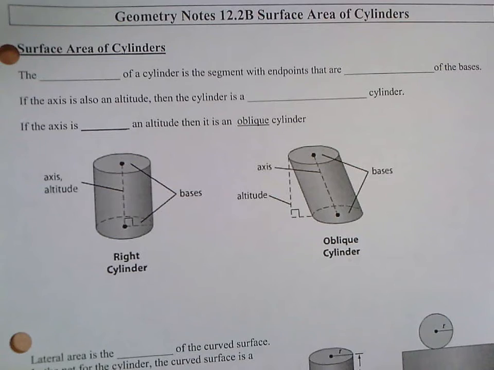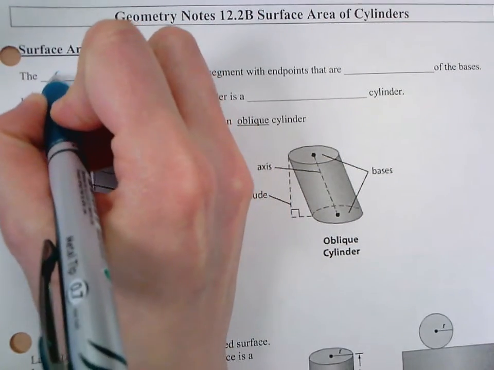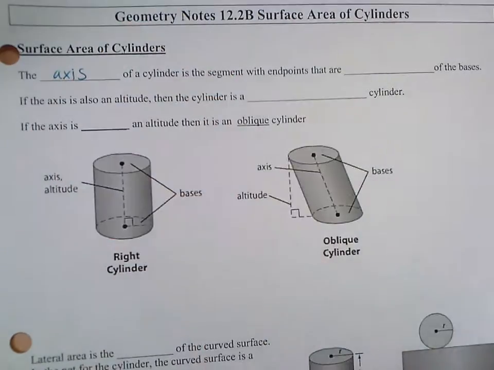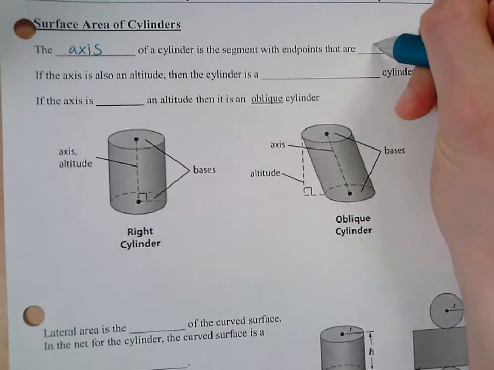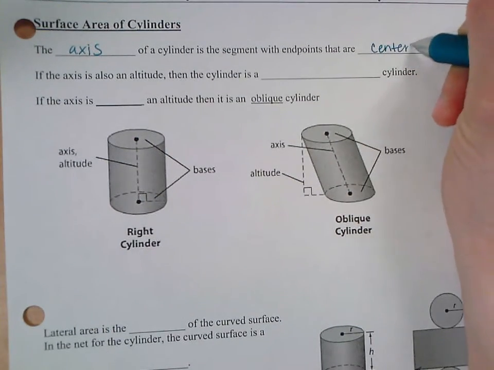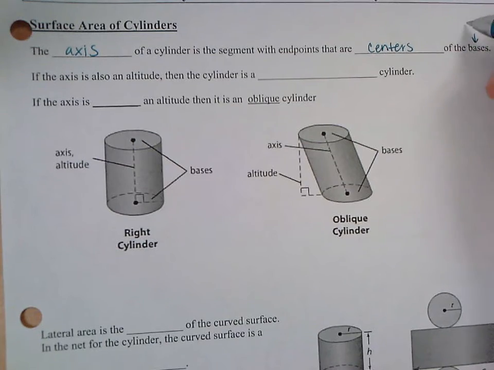So to fill in some vocab for cylinders, cylinders have what's called an axis. So the axis of a cylinder is the segment with endpoints that are centers of the bases. And your bases are circles in a cylinder.